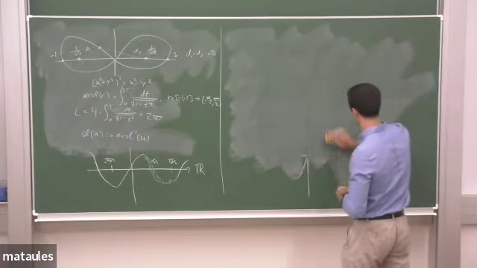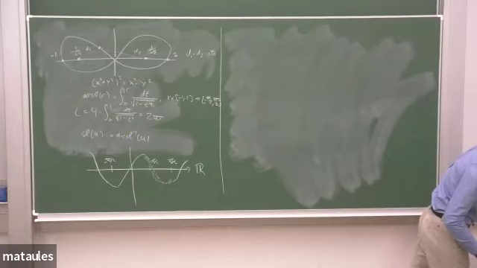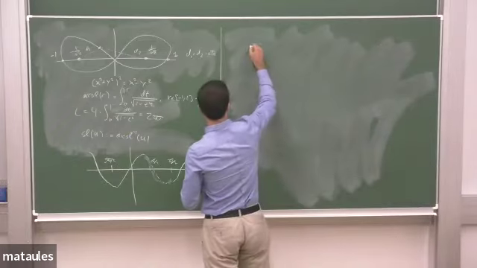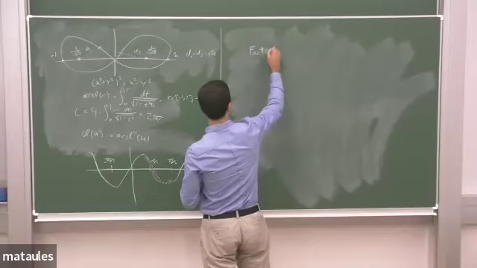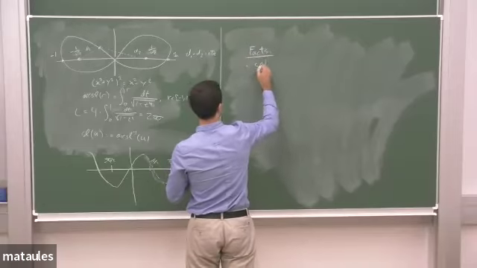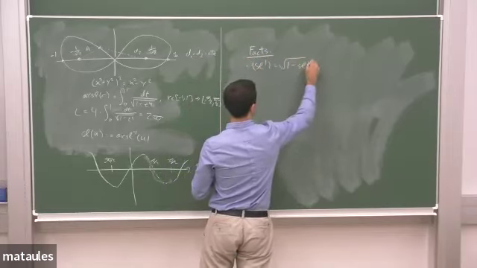So let me state some facts about this function. First of all, we can write the derivative of the lemniscatic sinus as the square root of 1 minus SL to the 4.